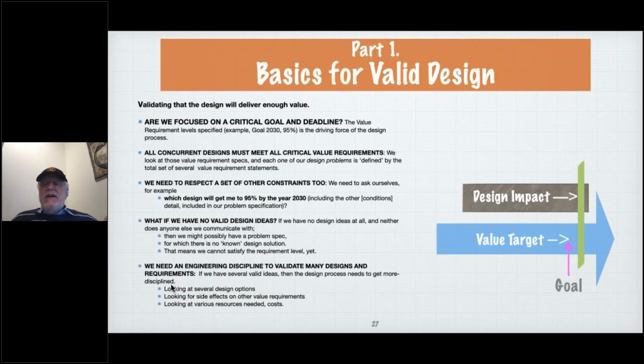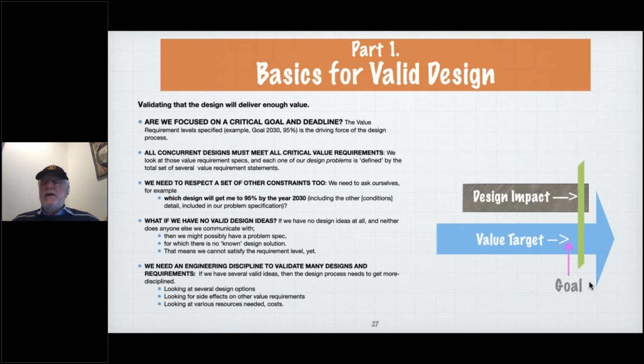Part one of the course, the basics for a valid design. So we start off with the idea that we have one or more value targets, and there is some level we're trying to get to. Let's call it the goal level, the success level. And a valid design, or valid set of designs, we might have to have 2 or more designs to get to our target, would, when implemented, bring us to at least this level, if not more.